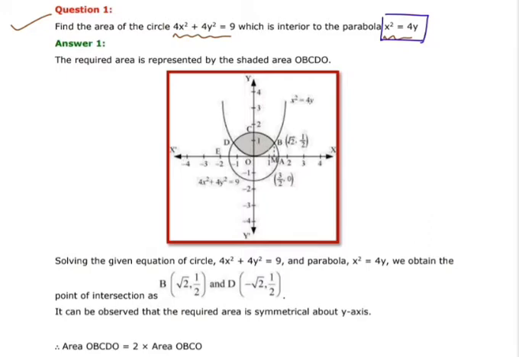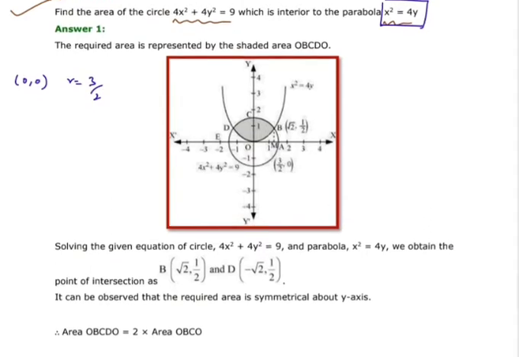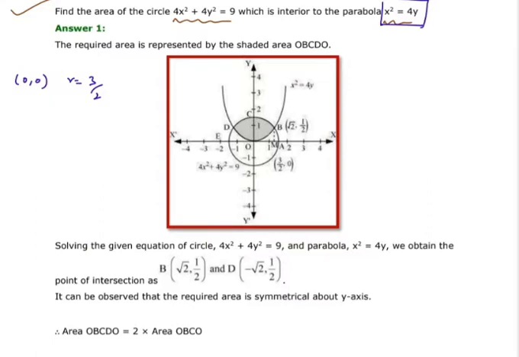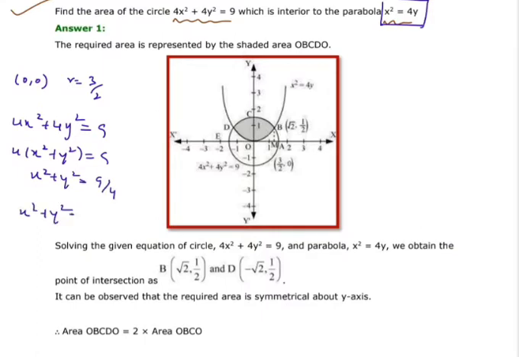So we are taking 4x square plus 4y square equals 9. What do we have here? The origin is 0, 0 and the radius r equals 3 by 2. Taking 4 common, x square plus y square equals 9 by 4, which equals 3 by 2 whole square, right?